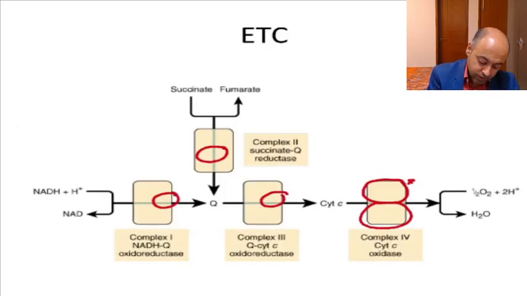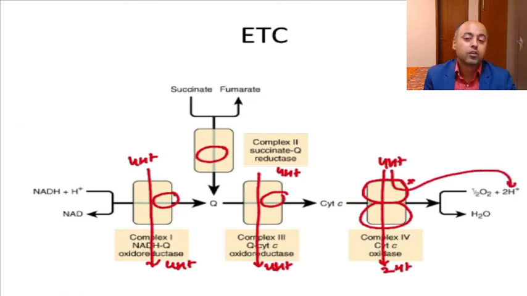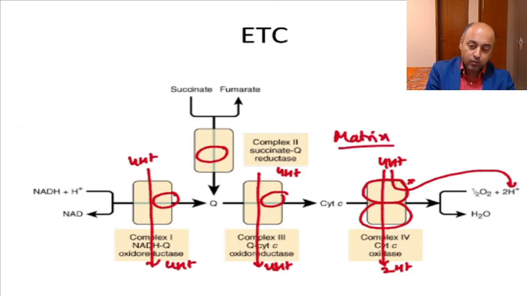So what happens? Each of these complexes 1, 3 and 4 will pump out protons from the matrix into the intermembrane space.